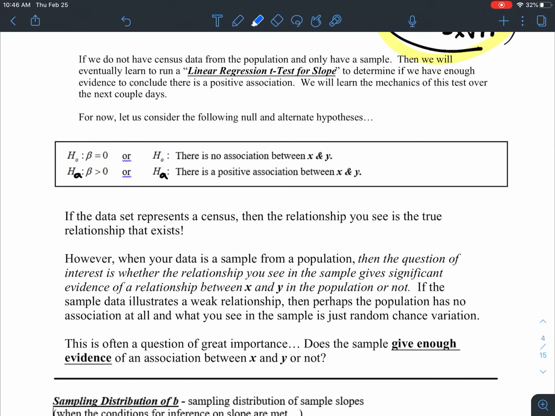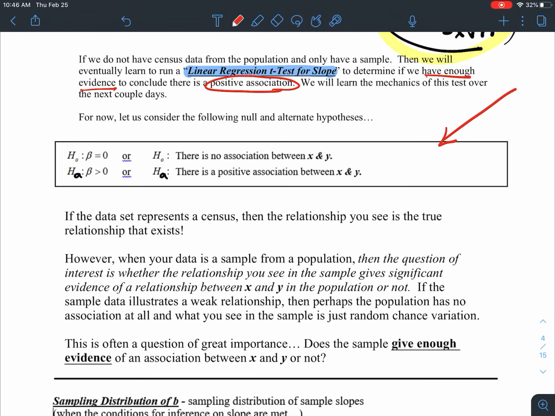Okay, now, if you don't have census data, that means you don't have the entire population here to work with, and all that you have is merely a sample. Eventually, we're going to learn how to run what's called a linear regression t-test for slope. And what that test is going to reveal to us is whether we have enough evidence to try to conclude that there is a positive association with the slope.